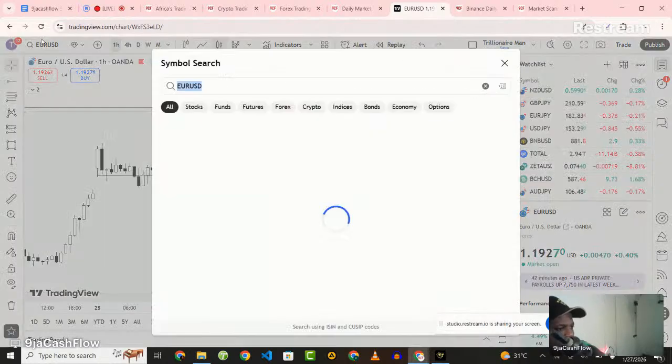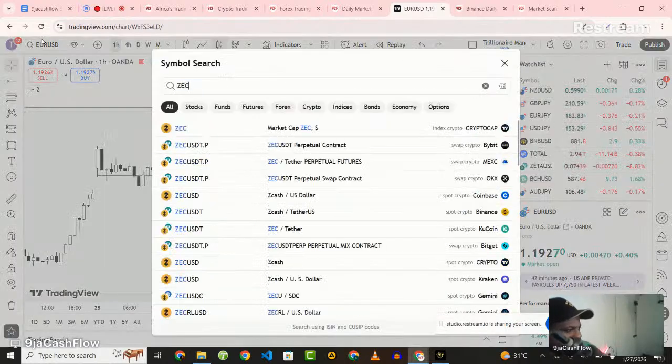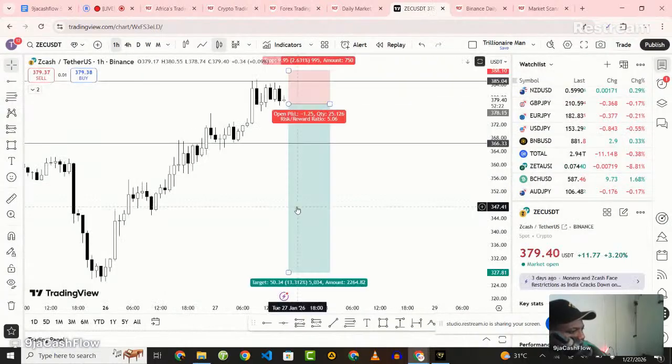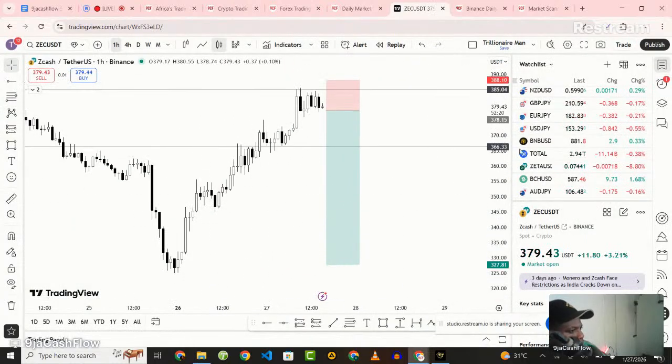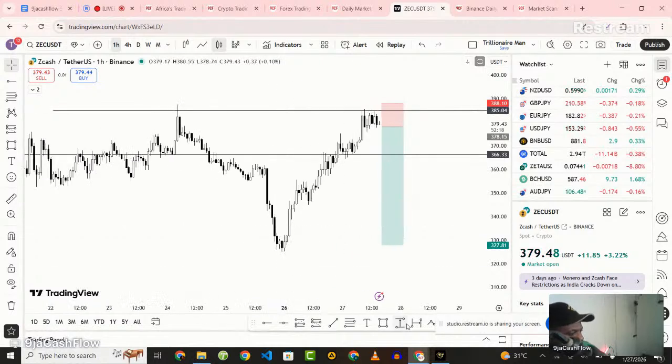Yeah, we had a trade on Zcash. Let's go back to Zcash USDT on Binance. So yeah, I think this is a very good opportunity.